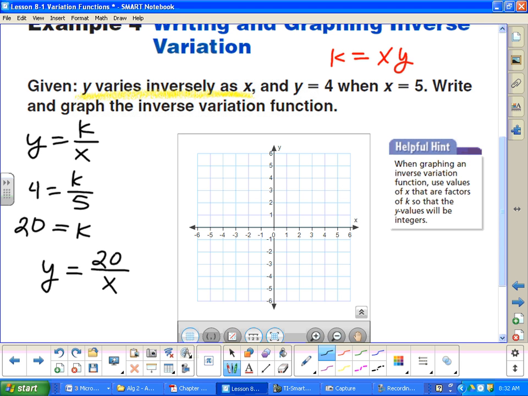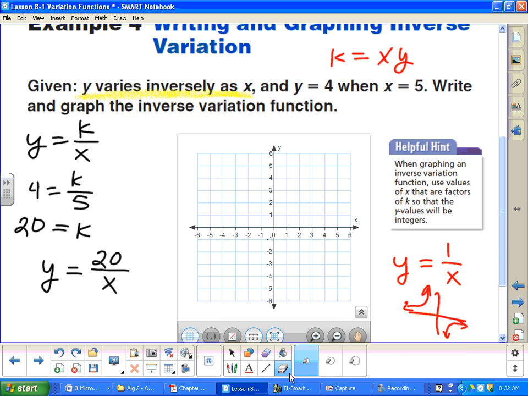So the graph of all inverse variation models, or y equals k over x. The parent function is y equals 1 over x, which has a graph that looks like this. Except I just did that wrong.